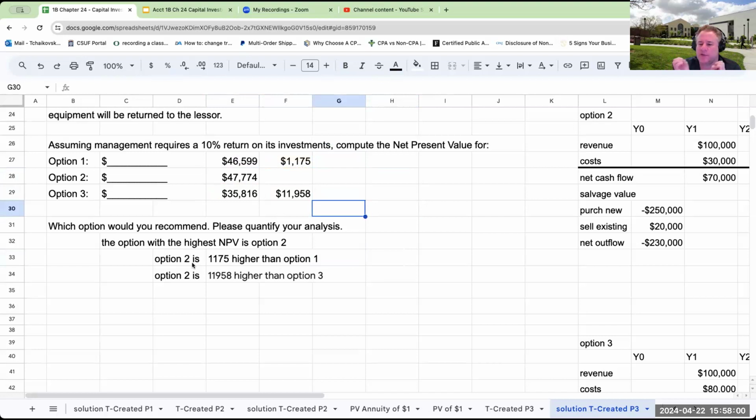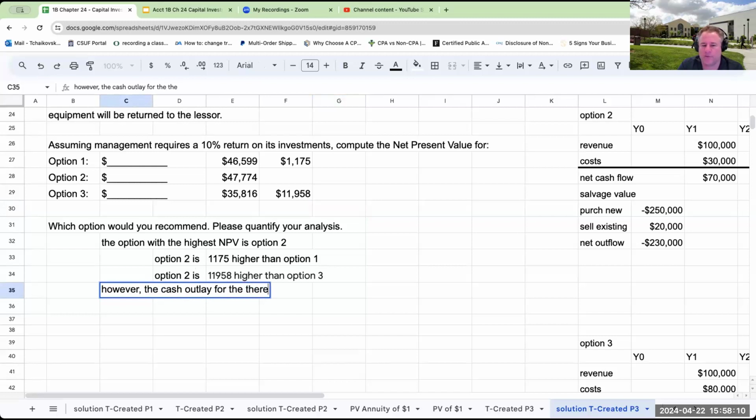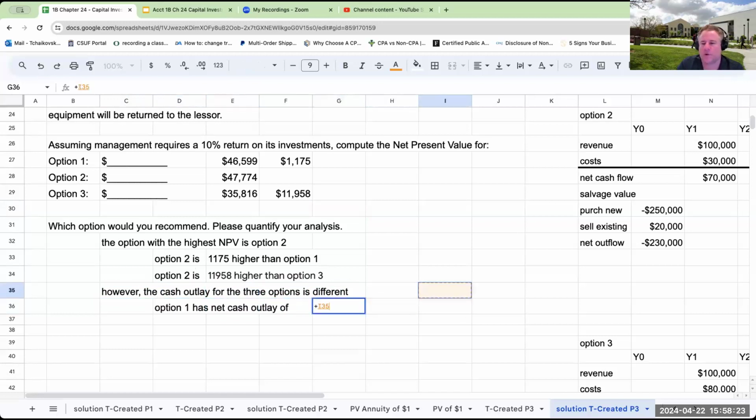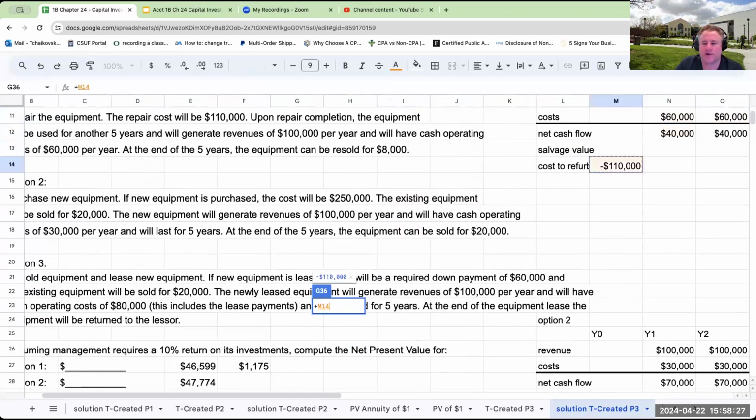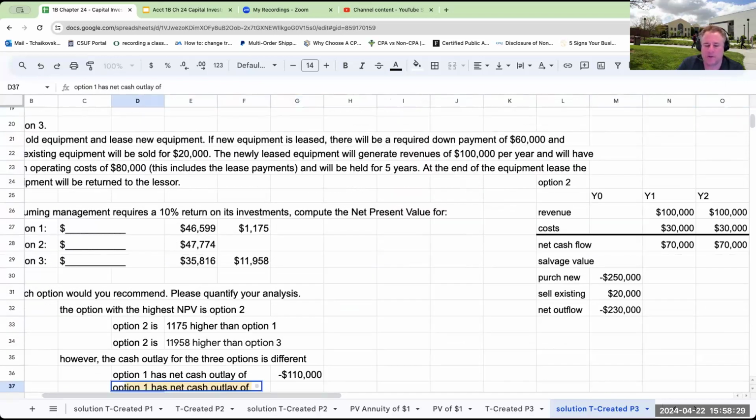What is the biggest issue with all three of these? However, the cash outlay for the three options is different. Option one, or repairing it, has a net cash outlay of 110.